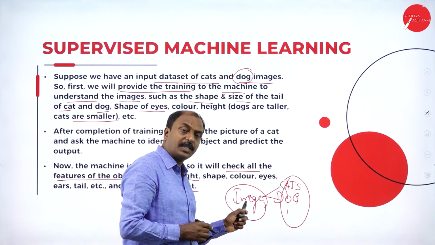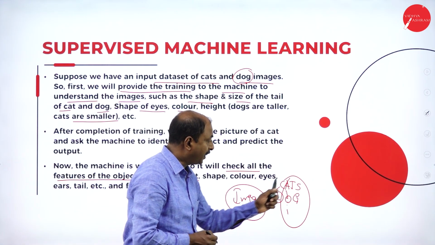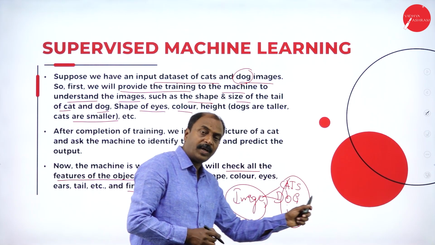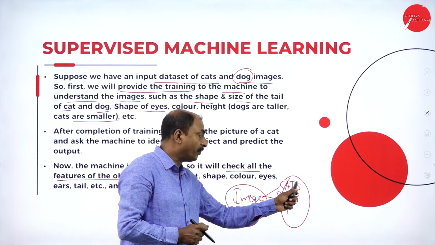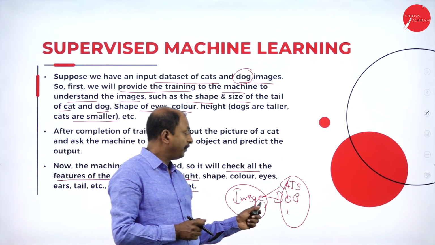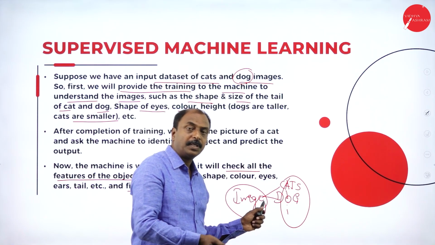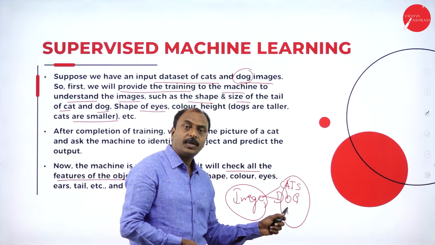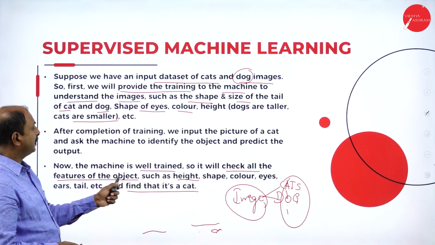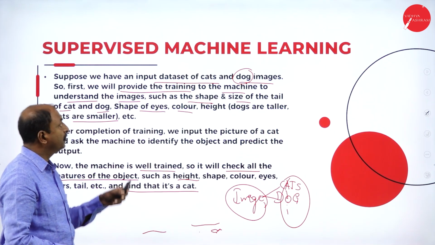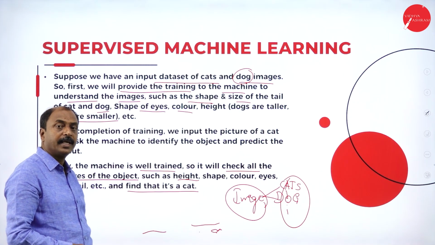If you give the input image of a cat, it gives the output as cat, where the input matches the different features of cats. If you give the input image of a dog, it is going to give the output as dog. So that is the learning technique. This is supervised machine learning.